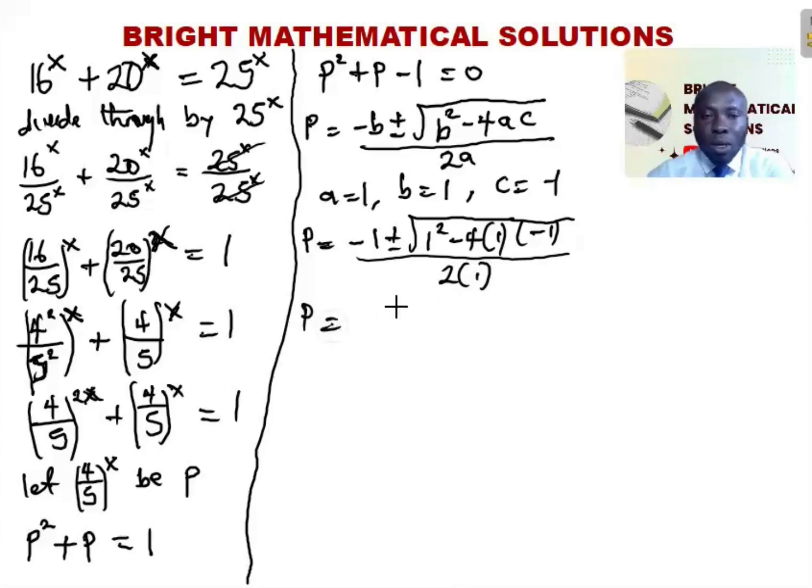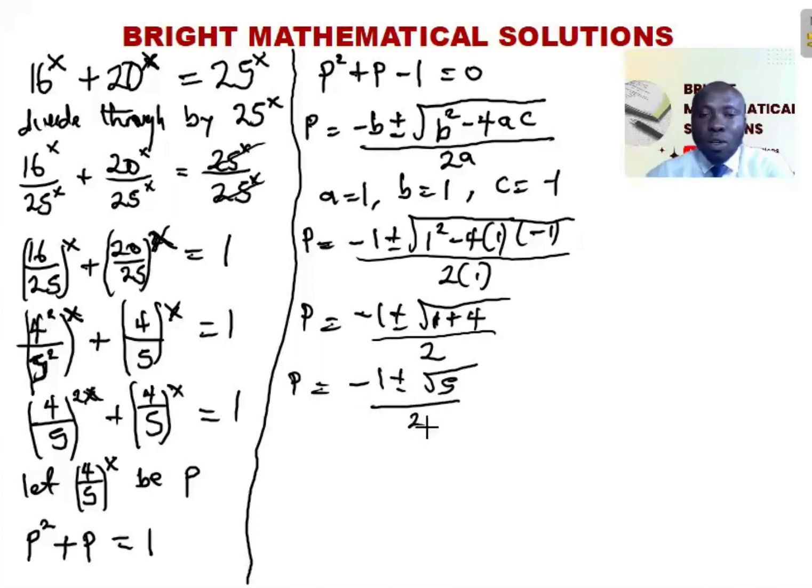So p equals minus 1 plus or minus root of 1 raised to the power 2, which is 1, minus 4 multiplied by 1, that's minus 4, multiplied by minus 1, that is plus 4, all over 2. So p equals minus 1 plus or minus root 5 over 2. So p equals minus 1 plus root 5 over 2, or minus 1 minus root 5 over 2.